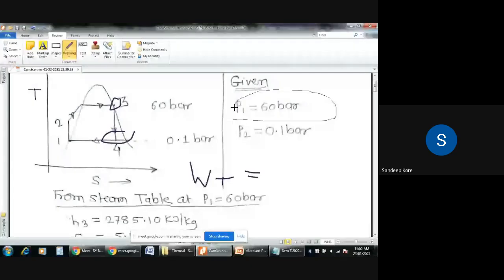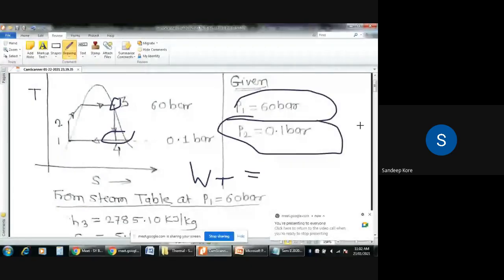And we have been given a condenser pressure of 0.1 bar. ठीक है. इस दो प्रेशर में आपका पूरा थर्मल पावर प्लांट ऑपरेट होगा. Boiler pressure of 60 bar and condenser pressure of 0.1 bar.